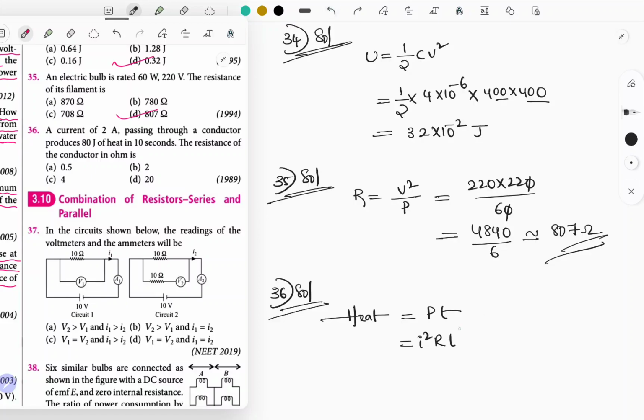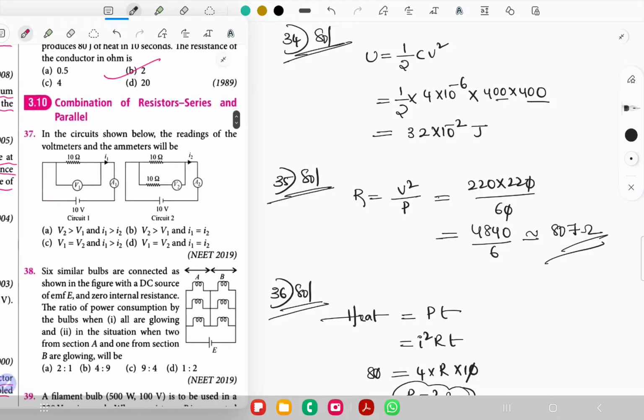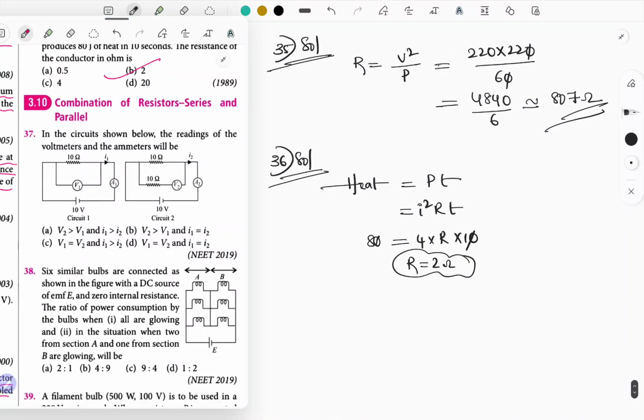Let me replace all these things. Heat is 80 joules, which is equal to I value is 2 squared, 4 R into 10. This will get cancelled. Then R is equal to 2 ohms is the correct answer. Which option matches? Option B is the correct answer for question number 36.